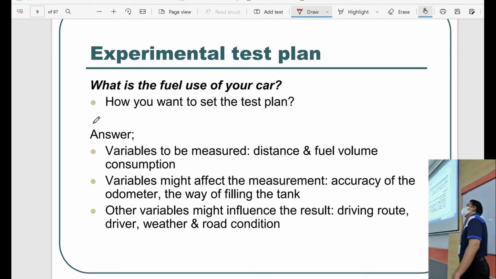I believe they want to remove the excess air so that the tank can be filled with more gas. I don't know whether it works or not, but I've seen those videos. They struggle to shake the car while filling the fuel. And then we also have variables like driving routes, weather, and road condition. All these things can be extraneous variables.